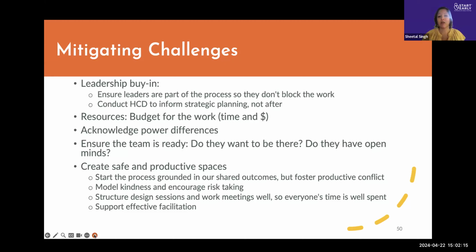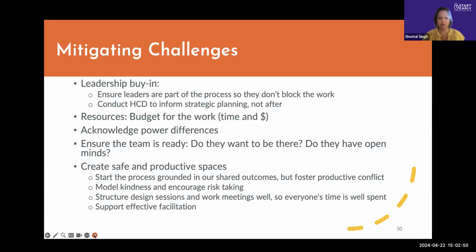When someone from a state agency or a local government agency is working with a provider or some other member of the workforce, we have to keep in mind that there is a power differential there, and it might impact the way that people feel, the comfort that they have, their ability to be truthful. And so you really want to focus on creating safe and productive spaces when you're doing this work and you're bringing different people from different parts of the sector together.